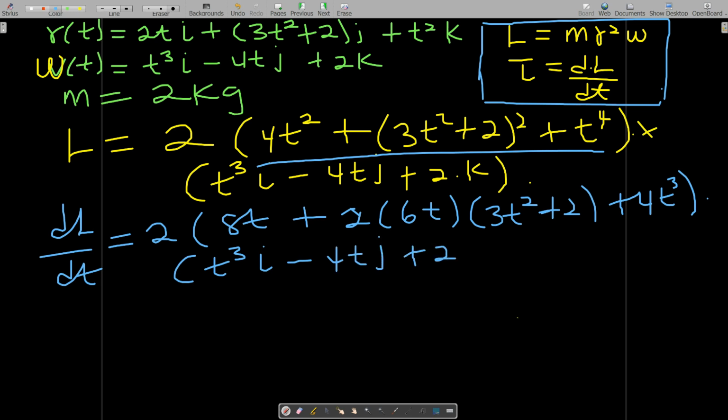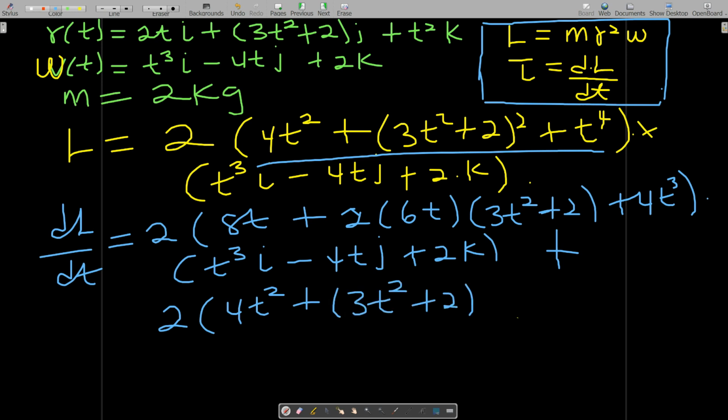plus 2k. Then plus, this time I keep the 2 times 4t squared plus 3t squared plus 2 all squared plus t to the power 4. I keep it like that.